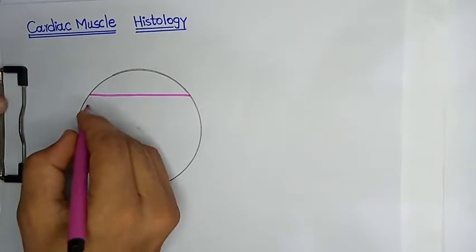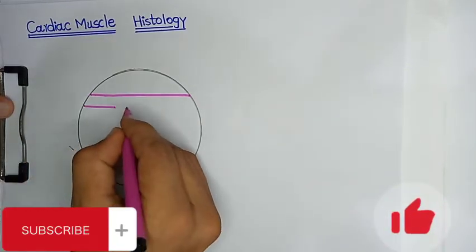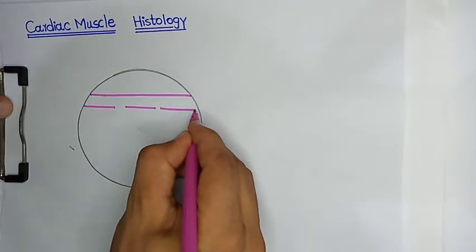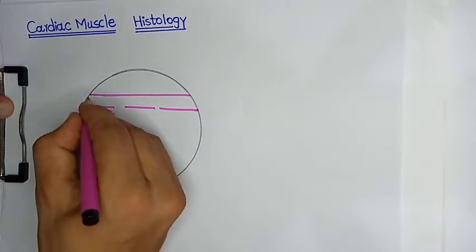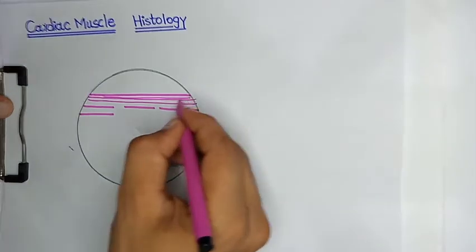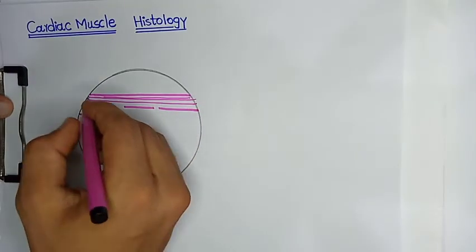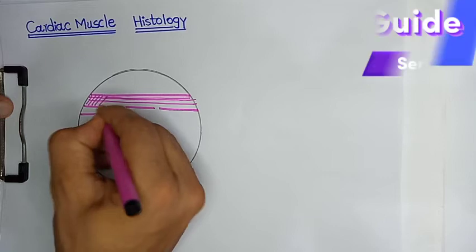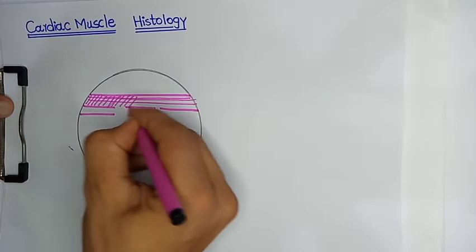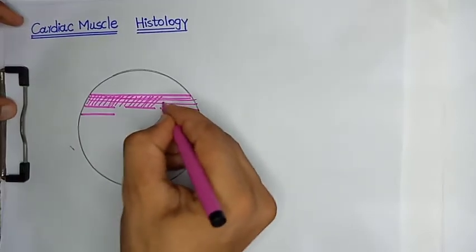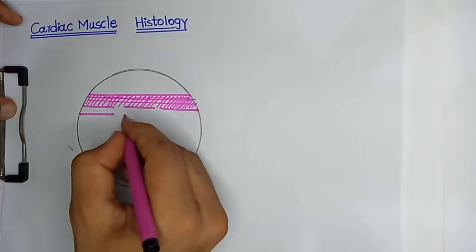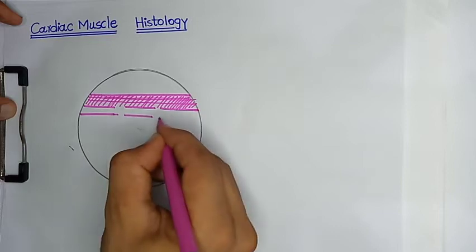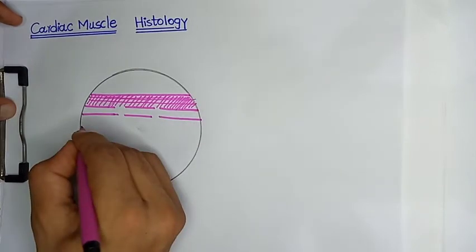We make the histology diagram with pink and purple colors. This is the cardiac muscle fibers. This is also muscle fiber. Another next muscle fiber. These are the muscle fibers.